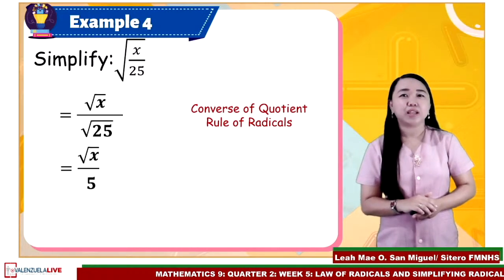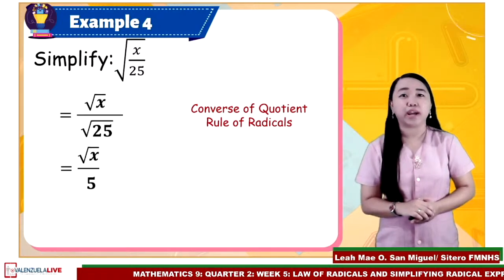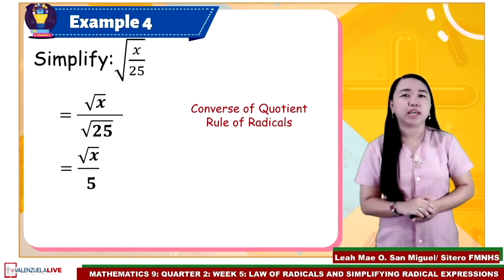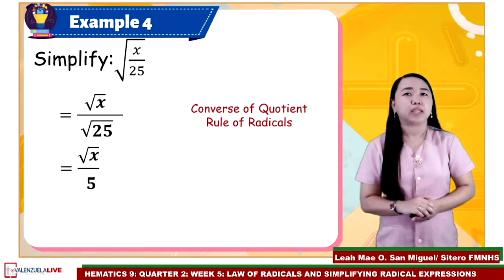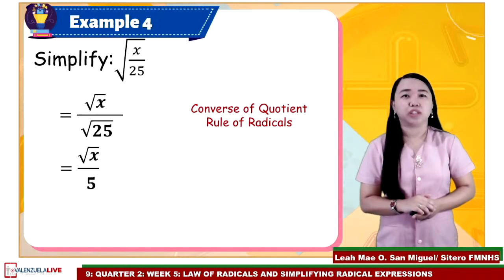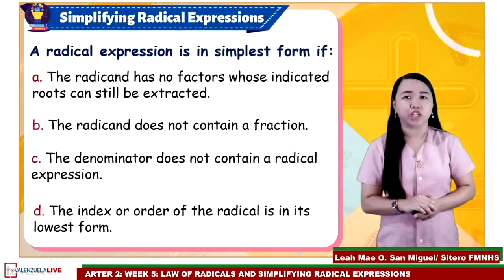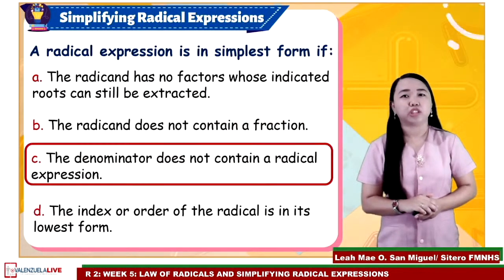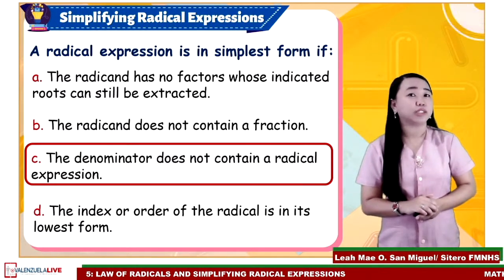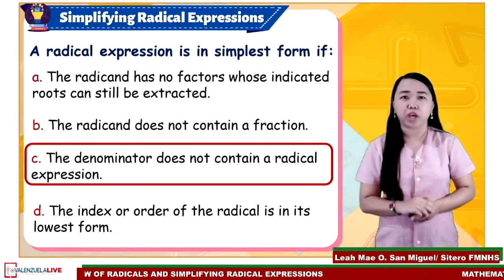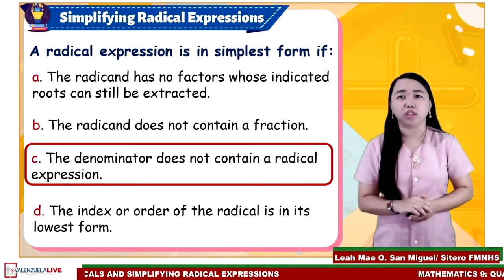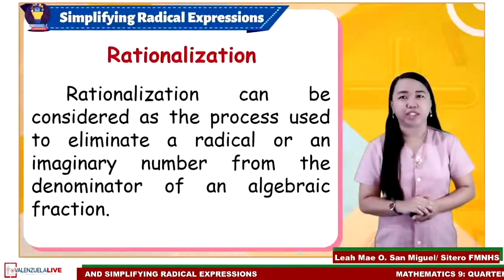The radical expression in the numerator is allowed, but if the radical expression is in the denominator, it must be simplified further. Hence, this will lead us now to the third condition. The third condition states that the denominator does not contain a radical expression. With this, the method to use is called rationalization.